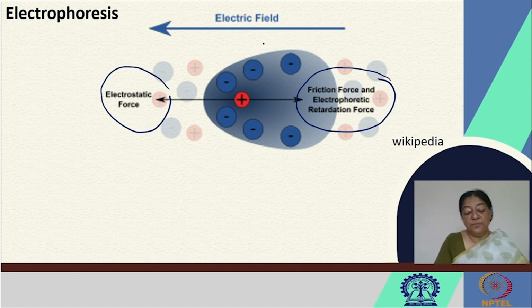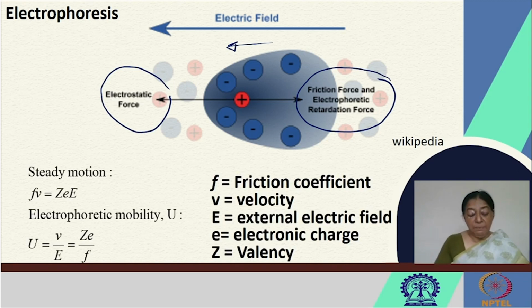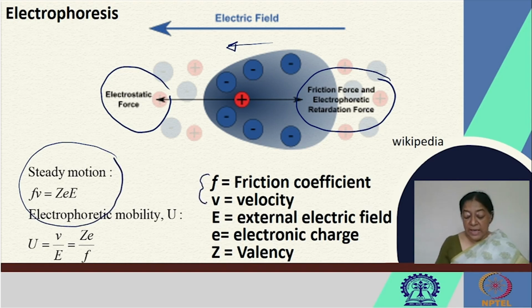The electrostatic force will pull it in a specific direction, and it is the balance of these forces that is important in electrophoresis. So what happens is we have a steady motion, and this steady motion is given by the product of the frictional coefficient and the velocity, and the external electric field, the electronic charge, and the valence.